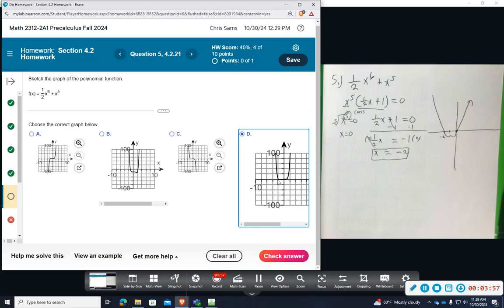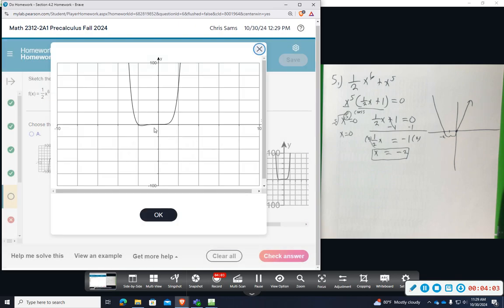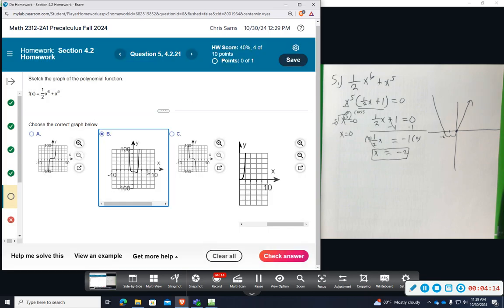This one, however, does. We would have to zoom in a whole lot. Let me see if I can make this bigger. Yep, so upon further investigation, we can see that it crosses at -2, and then it goes back up and it's hitting 0 right here. So that one's going to be better than looking at this one.